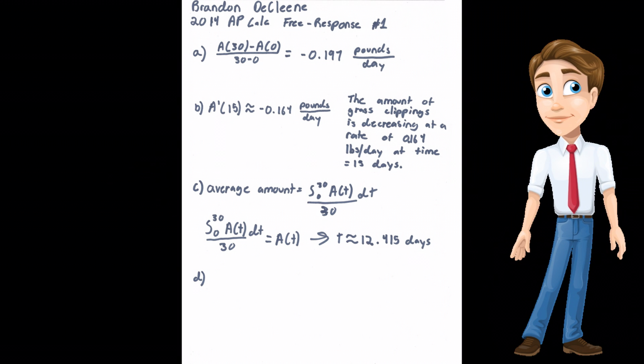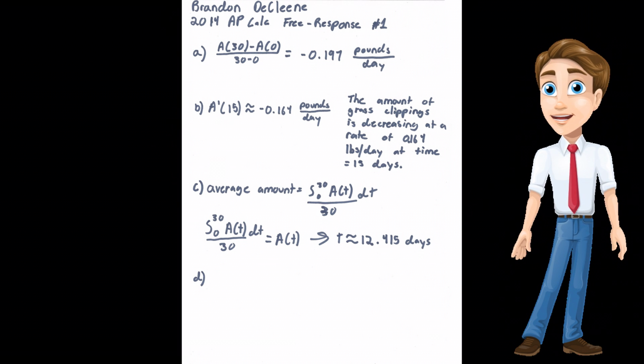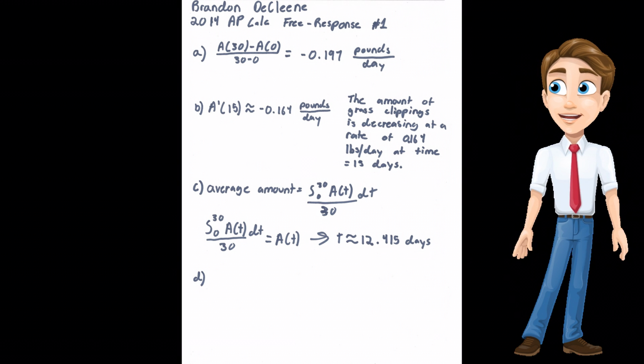The final part of this problem is really easy. It asks you to, for t is less than 30, decide if L of t, the linear approximation to A at t equals 30, also known as the tangent line, is a better model for the amount of grass clippings remaining in the bin. Then, use L of t to predict the time at which there will be 0.5 pounds of grass clippings remaining in the bin.